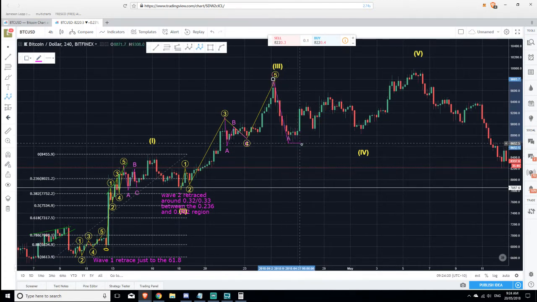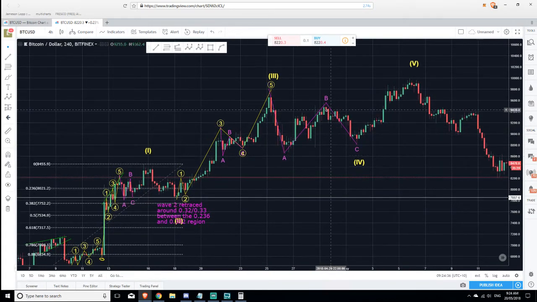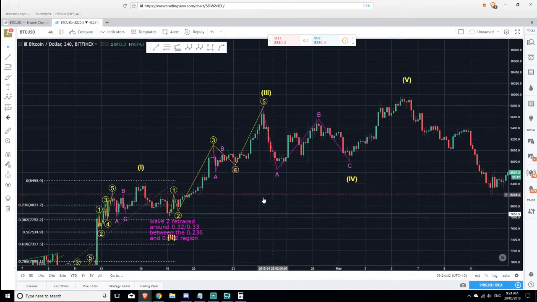So 1, 2, hold on. 1, 2, 3, 4, 5. 3 moves down. 1, 2, 3, 4, 5. There we go. 1, 2, 3, 4, 5 down. So forming some sort of either a symmetrical triangle into a zigzag, or polysymmetrical triangle into a zigzag. Now with all these patterns that I talked about before, you can actually have a whole bunch of them connecting together.